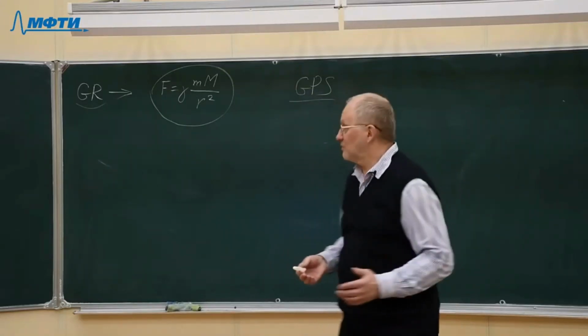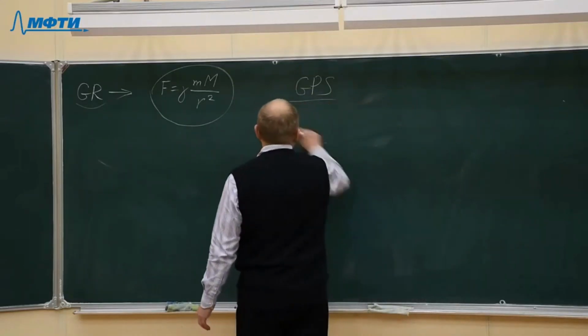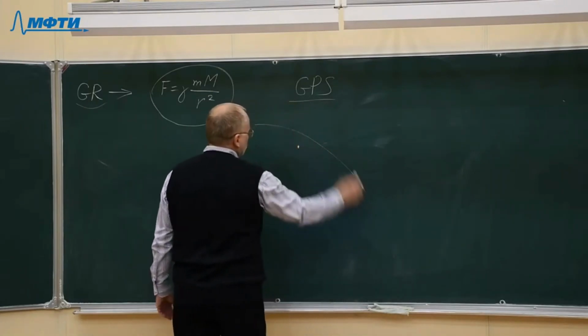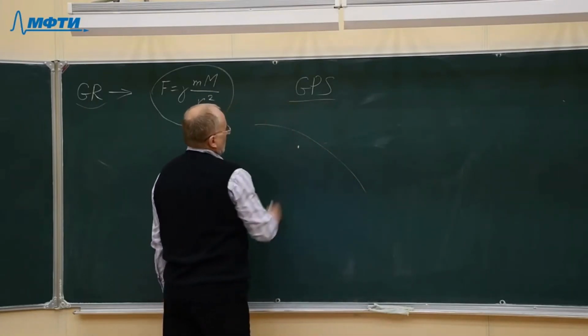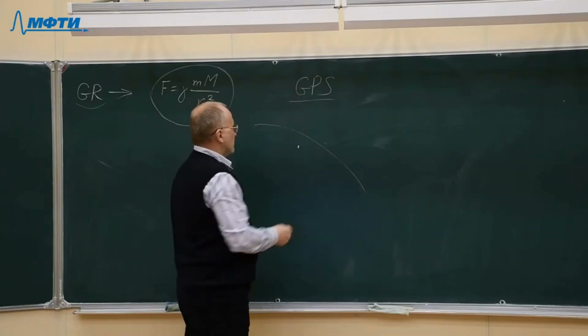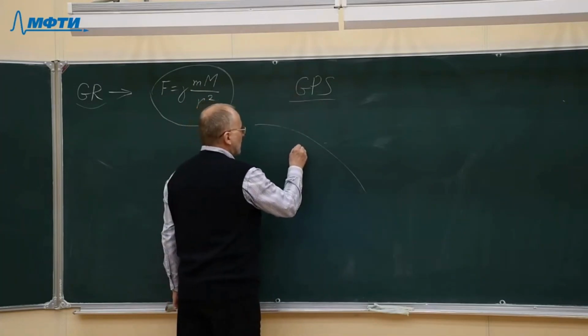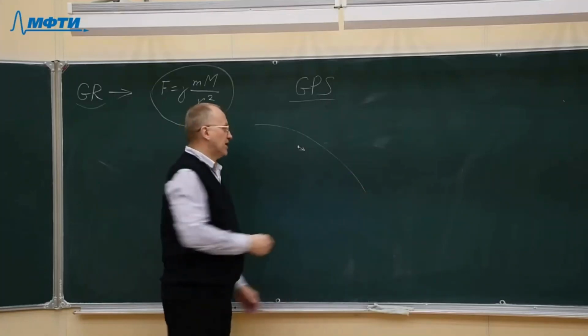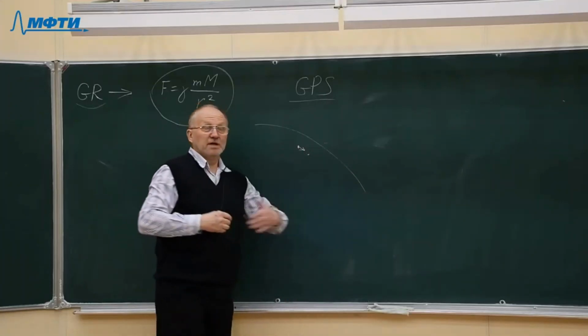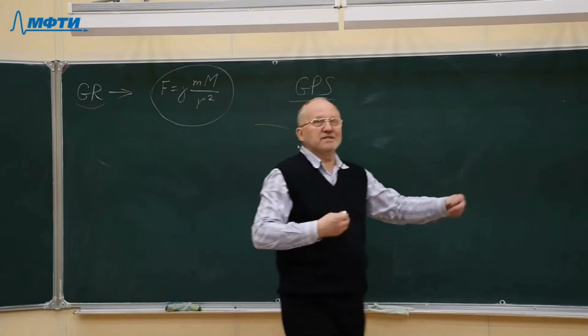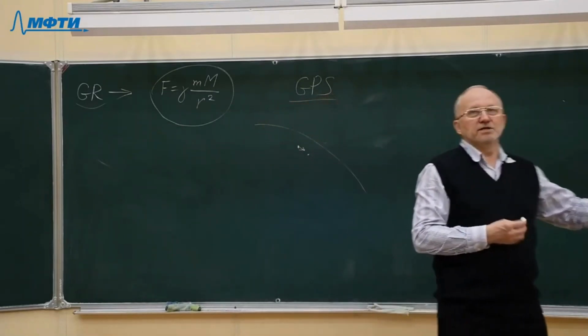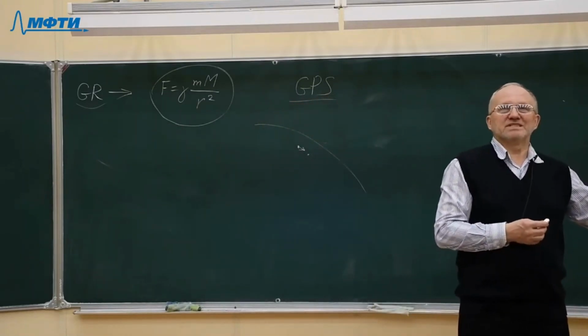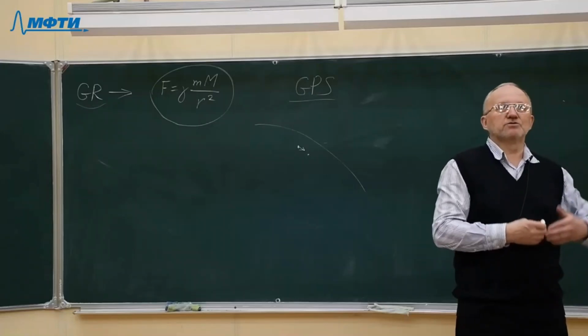And what happened? They discovered that any coordinate on the surface of the planet Earth is well defined by the GPS system, but next day this coordinate moves a little bit, a few meters away, and then it moves again a few meters away. So every day the coordinate is determined with some error, and this error grows in time.